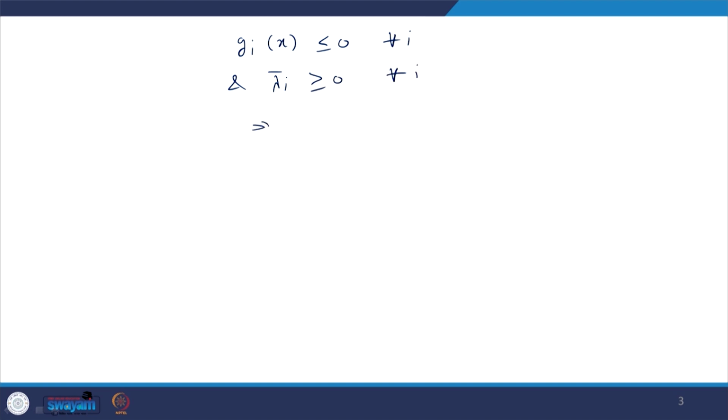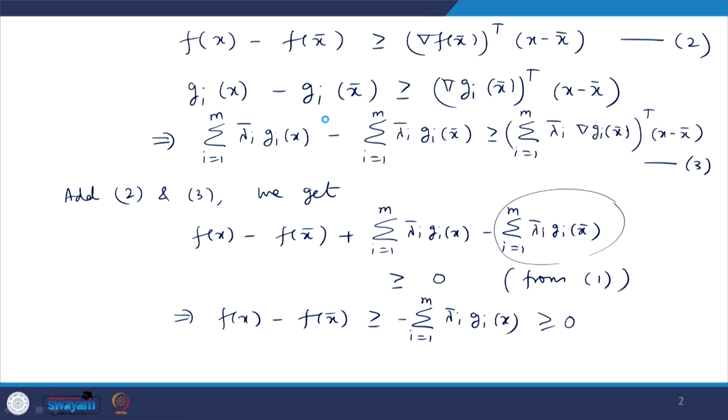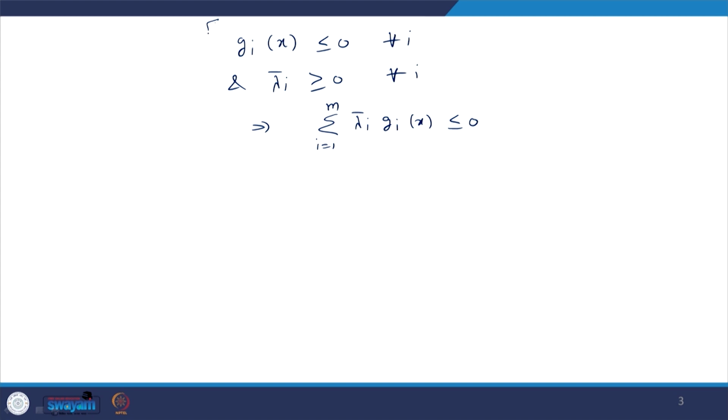So this implies summation lambda_i bar g_i(x) is less than or equal to 0, hence negative of it gives greater than or equal to 0. So what this implies, I am putting it in a bracket.